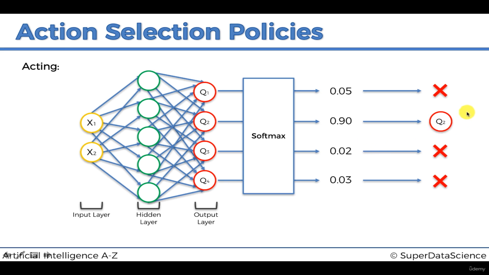So even though here we've got Q2, sometimes, 5% of the time to be more precise, we'll be selecting Q1 as the action to take. Sometimes we'll be taking action 3, 2% of the time, and action 4 about 3% of the time.